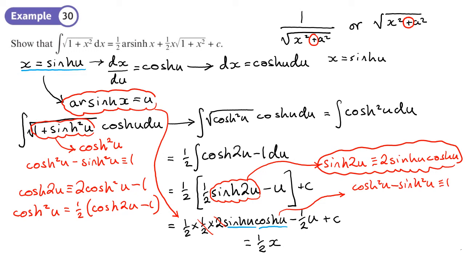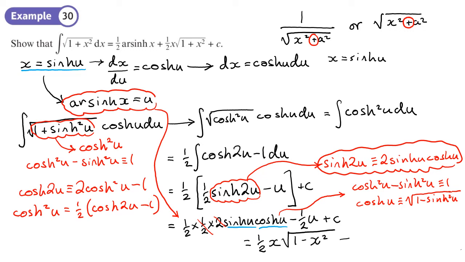Moving the sinh squared across and square rooting both sides, I will get cosh u, not squared, just cosh u. Cosh u is equivalent to the square root of 1 plus sinh squared u, which is like 1 plus x squared. So the cosh u I can change to the square root of 1 plus x squared.